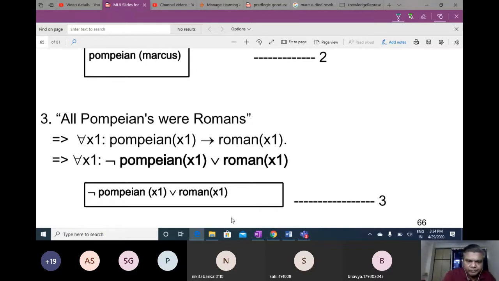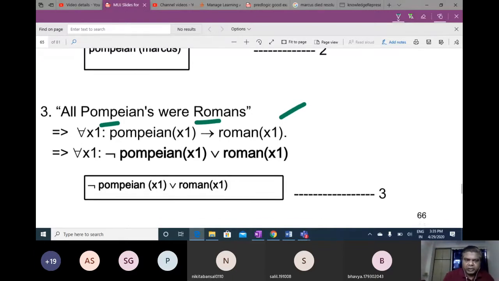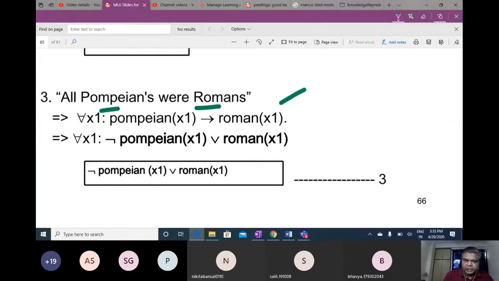Note that now we are using different variables in each predicate. If here we use x1, then in the next statement we will not use x1. Till now we were using the same x in each statement. That we will not do now. We will use a different variable in each statement.